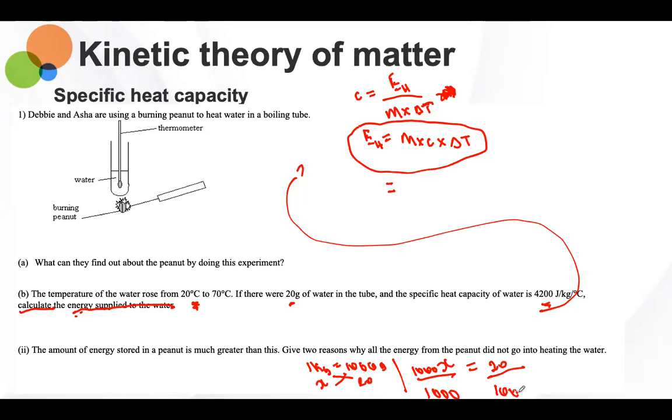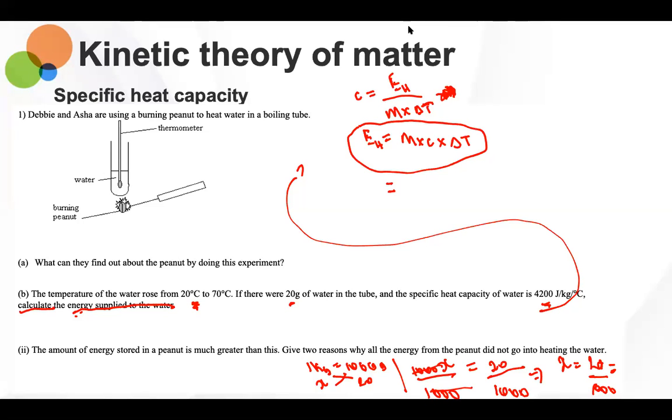The 1,000s cancel, and we are left with X equal to 20 over 1,000, which is 0.02, not 1,000 divided by 20.